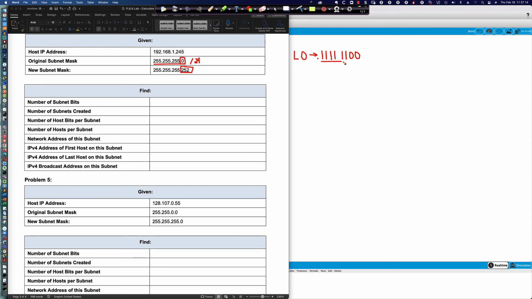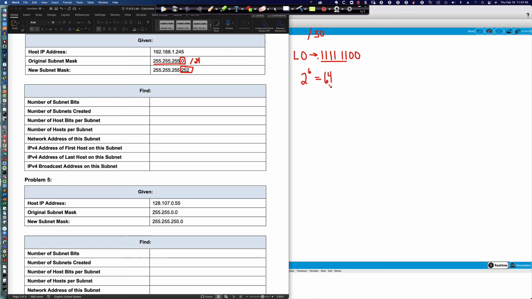Now, this becomes a very easy question to figure out in terms of number of subnet bits. Well, the total number of bits would be 24 plus these 6. So we would have a total of 30, meaning /30 in that CIDR notation. Number of subnets created? Well, we take 2 and we raise that to the 6th. And we know 2 to the 5 is 32. 2 to the 6 would be 64, right?